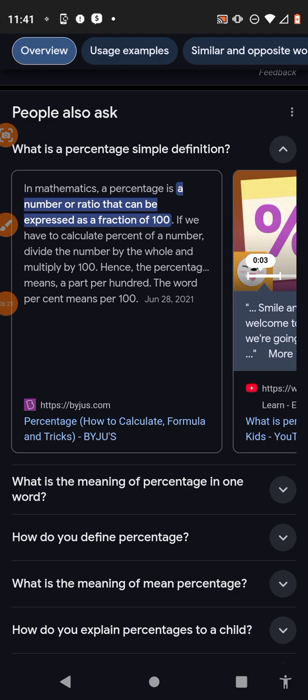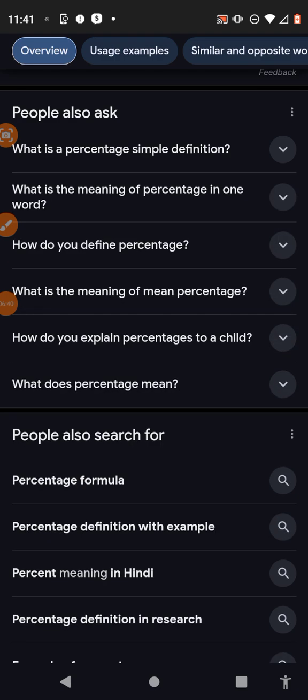Hence, the percentage means parts per hundred. The word percent means per hundred. So a rate or proportion per hundred.